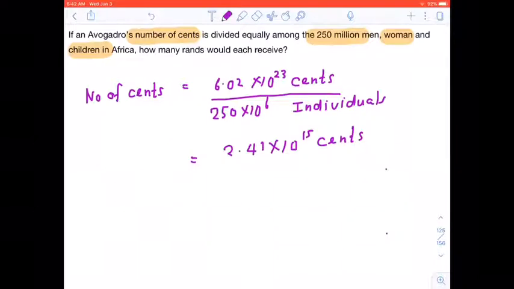So that's how many cents we have, but we want to know how many rands it is.